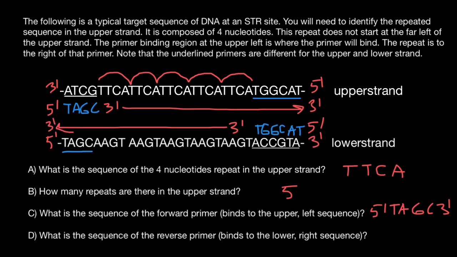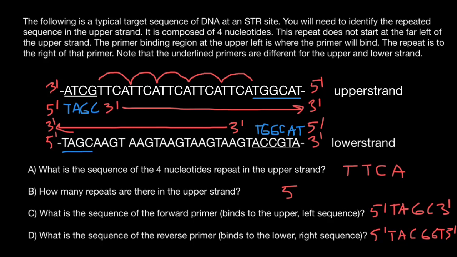So now you see from one double-stranded DNA, we got two double-stranded fragments of DNA. And the sequence of the reverse primer is going to be 5' end, T, A, C, G, G, T, and 3' end.